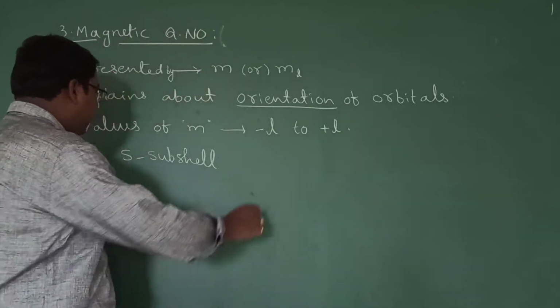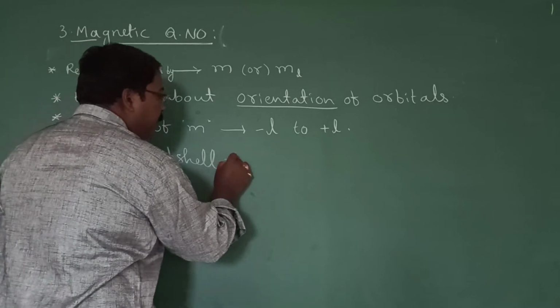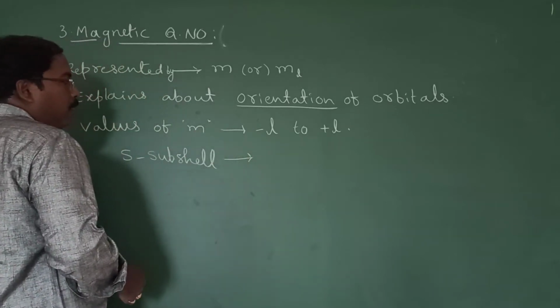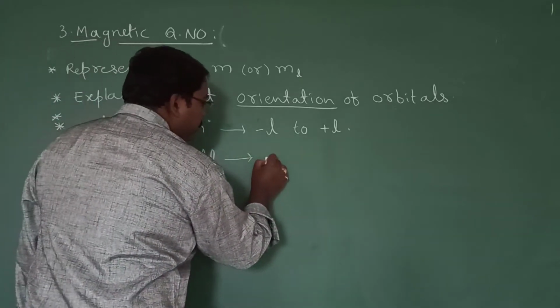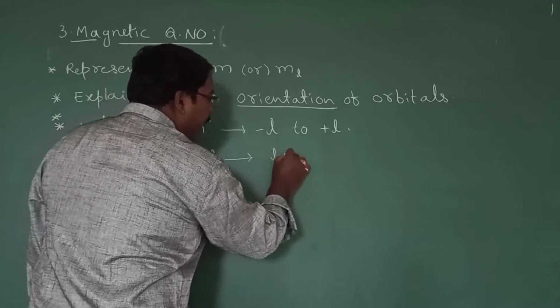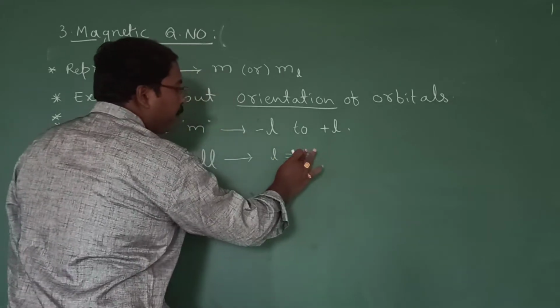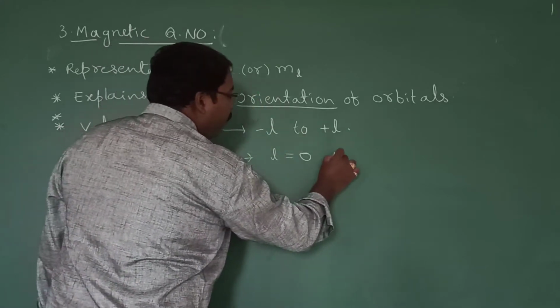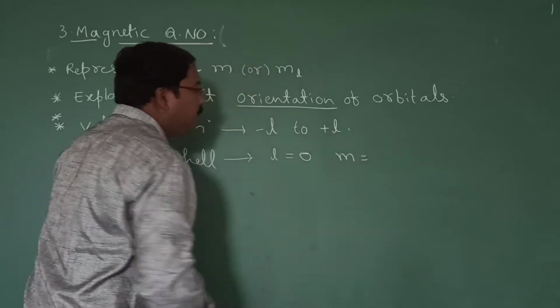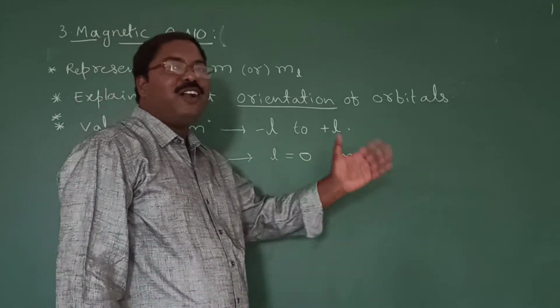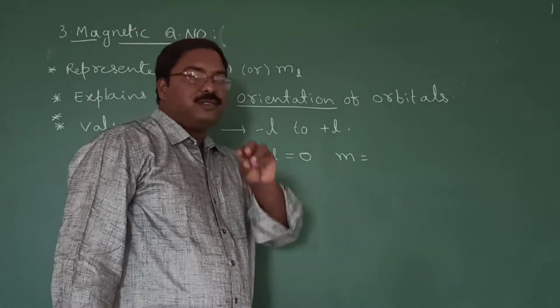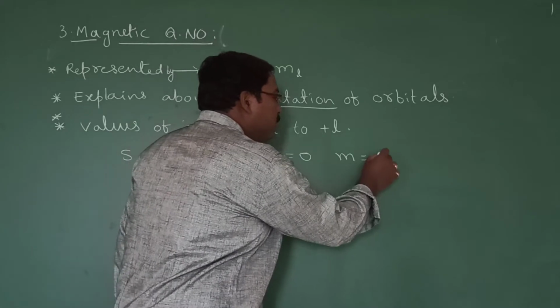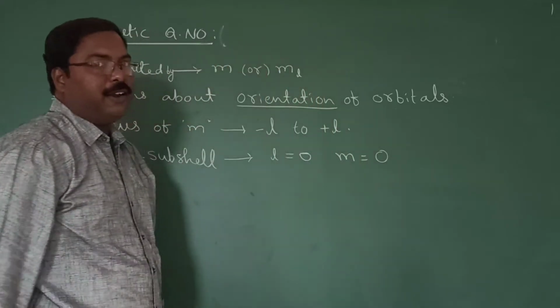We will get clarity. Now coming to the S subshell, what about the L value? For the S subshell, the L value is 0. Will there be any minus 0 and plus 0? No, 0 is always 0. So the m value is also 0.